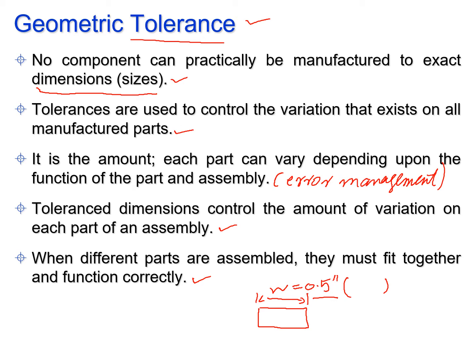So what we do is specify two limits, an upper limit and a lower limit, for this dimension, and we apply those limits and get a range of dimension in which our width can be manufactured, and that will be the acceptable part. So this is what we already covered.